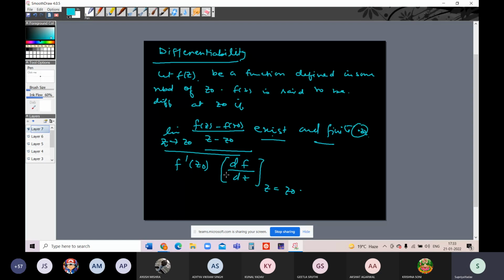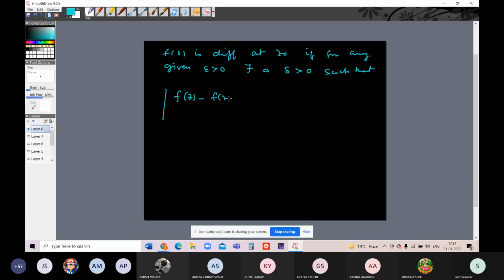सेम टाइप ऑफ डेफिनेशन हमने पढ़ी थी रियल एनालिसिस में फॉर फंक्शन ऑफ सिंगल वेरिएबल x, एंड इट्स एप्सिलॉन डेल्टा डेफिनेशन के फॉर्म में अगर हम लिखें, so we can write f(z) is differentiable at z0 if for any given epsilon greater than 0 there exists a real delta greater than 0 such that mod of (f(z) minus f(z0)) upon (z minus z0), limit यहाँ पे क्या थी, limit अगर exist करती तो उसको हम बोलते हैं f dash z naught, minus f dash z naught is less than epsilon whenever mod z minus z naught is less than delta.